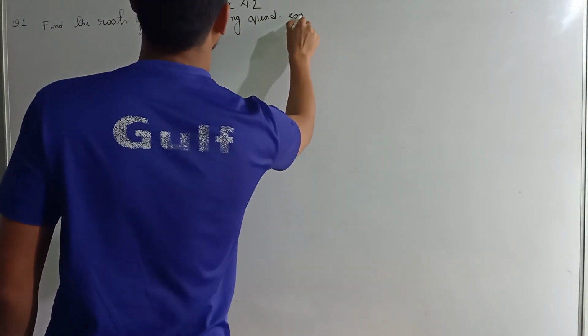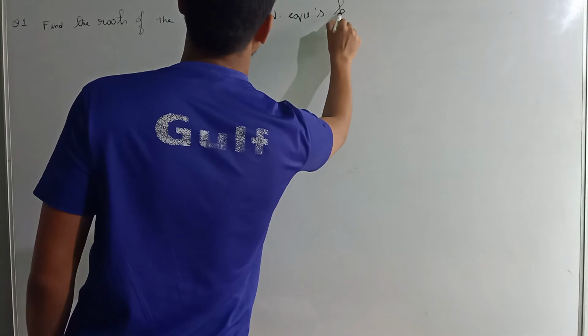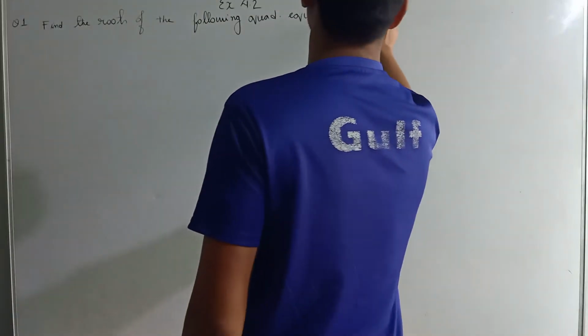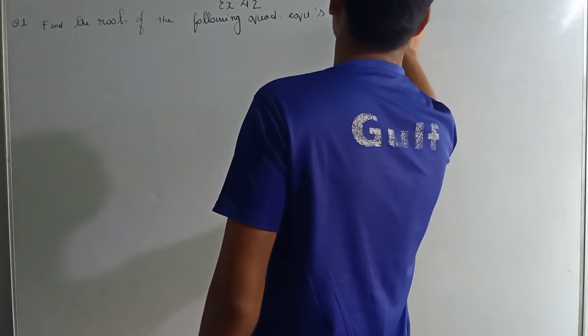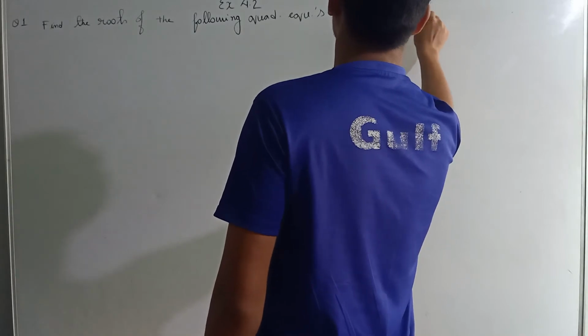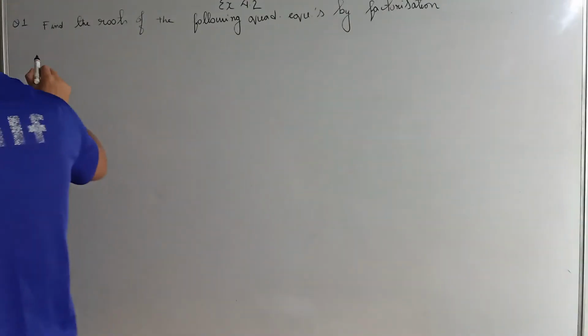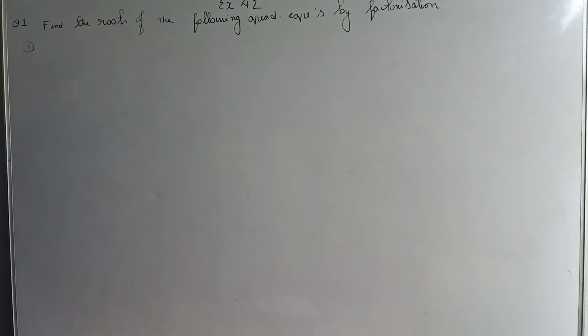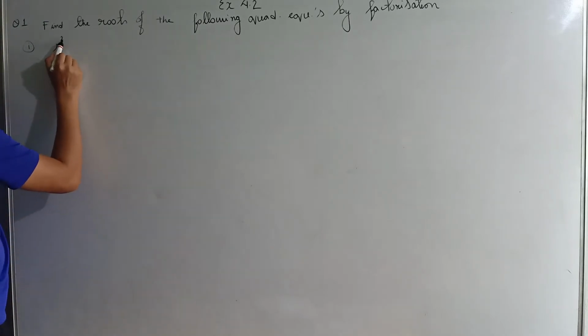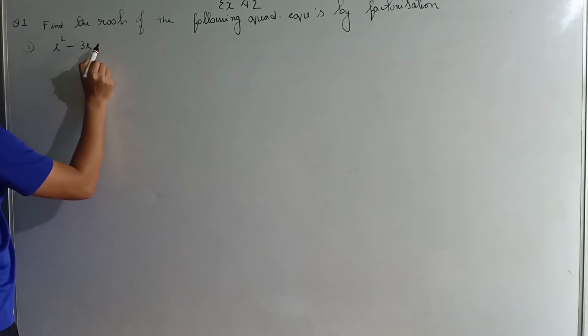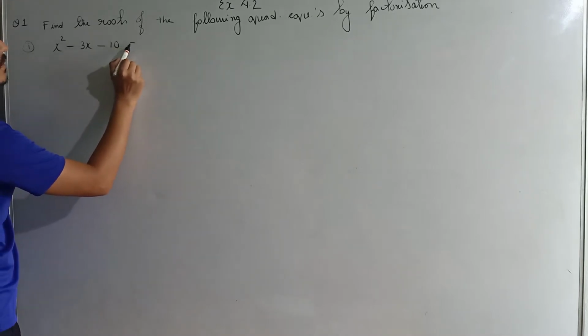Now Roman number 1, your given equation is x squared minus 3x minus 10 equal to 0.